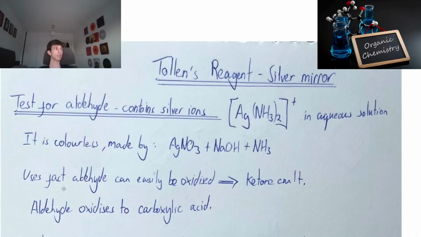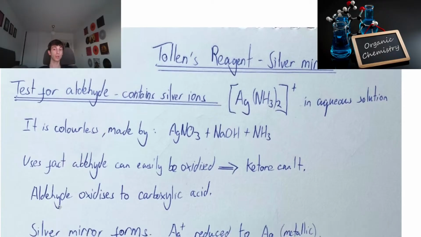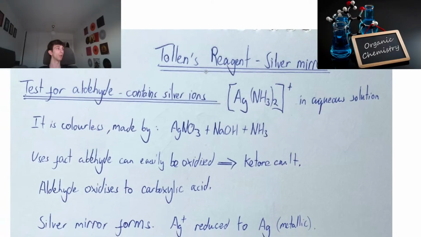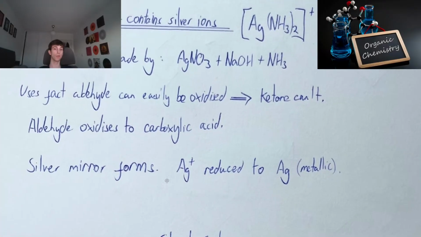The reason it works is because an aldehyde can easily be oxidized, whereas a ketone cannot. Because the aldehyde can be oxidized, our Ag+ ion will be reduced, forming that silver mirror. So an aldehyde oxidizes to a carboxylic acid. This is what we're using in order for Tollens' reagent to work. The Ag+ is reduced to solid silver, forming that silver mirror.